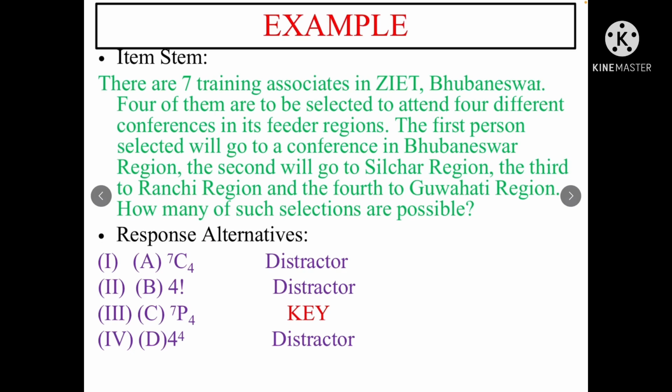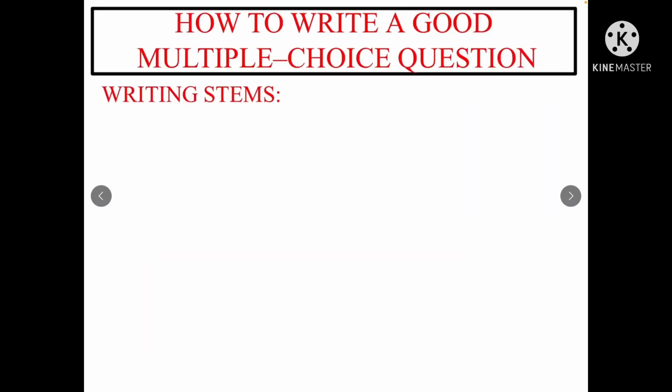Now the question is, to write a good MCQ question, we have to consider a few parameters to write both stem and alternatives. While writing the stem, we should design it in such a manner that after the student reads the stem, he should know exactly what the problem is and what he is expected to do to solve it. The question should not be ambiguous, should be written with clarity.